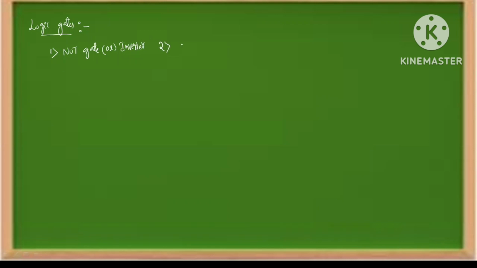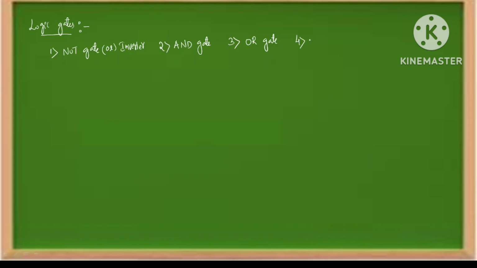Similarly, the second gate is the AND gate, which is used to perform logic AND operation between the input variables. The third gate is the OR gate. This logic gate is used to perform logic OR operation among the input variables.